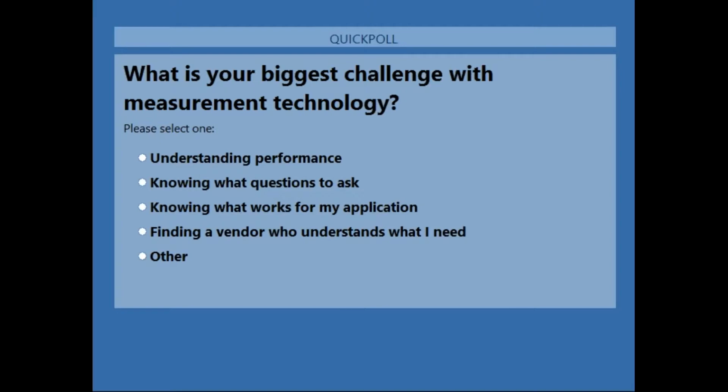Is it something else, knowing what works for your application? I know those might all be challenges for you, but what's the one that vexes you the most? Give this one a few seconds and then we'll get into the presentation.